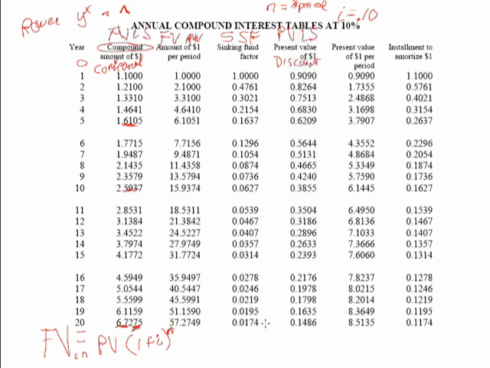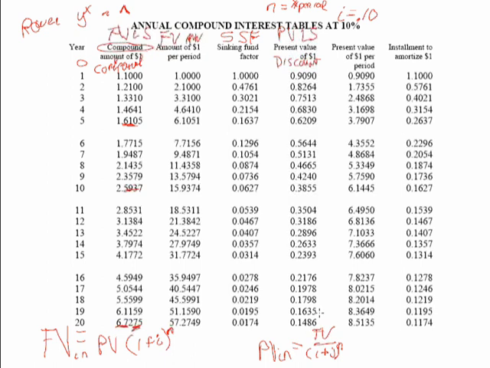The formula for these factors is pretty simple, so I'm going to try to write it here again. It's just the formula that we started out with, but we're going to manipulate it algebraically to solve for PV. So PV at a certain I and a certain N is the FV, the future value, divided by 1 plus I, looks like a J, but believe me, it's an I, to the nth power.